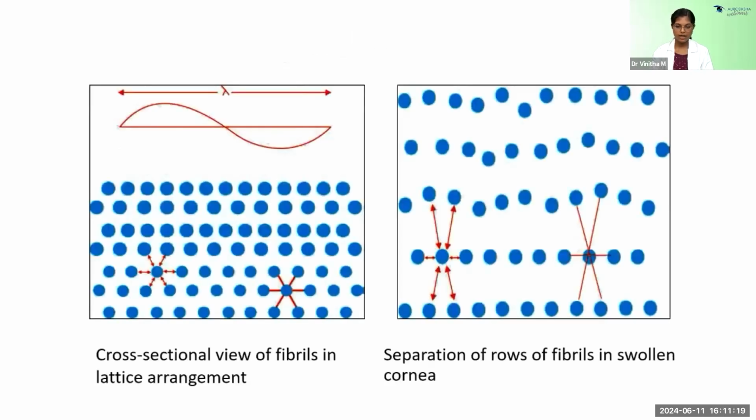The corneal collagen fibrils of uniform size are arranged in such a way that they form a lattice appearance. This appearance prevents light scattering. In case of a swollen cornea, this structure is disrupted, resulting in loss of transparency.